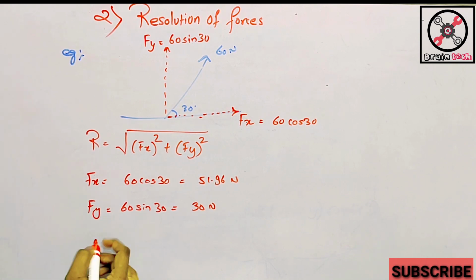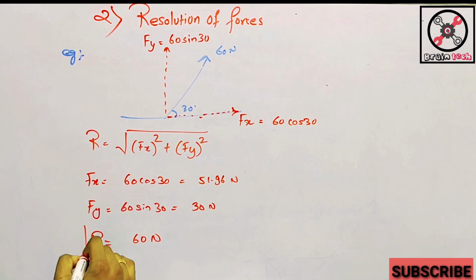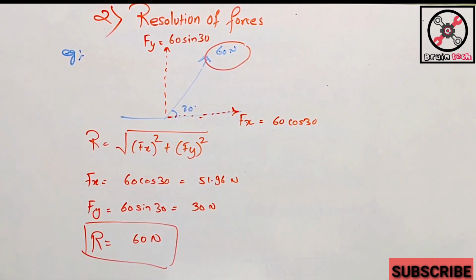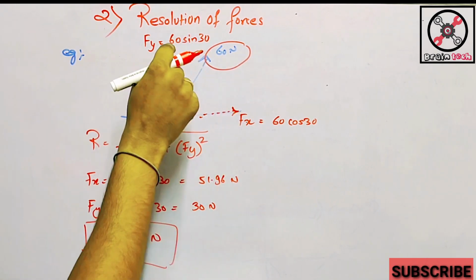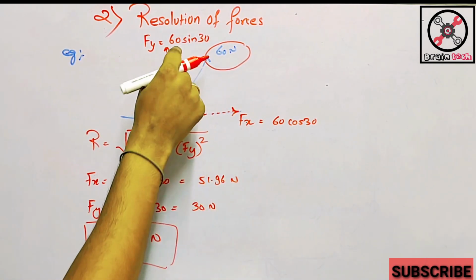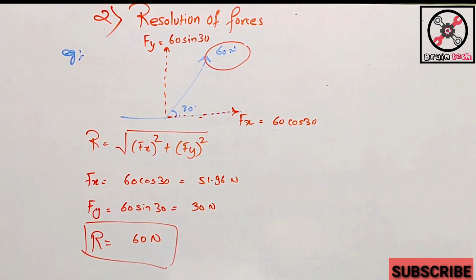When you take the square root of the sum of squares of these two components, F_x and F_y, you get the value as R equals 60 Newton, which is my resultant force.